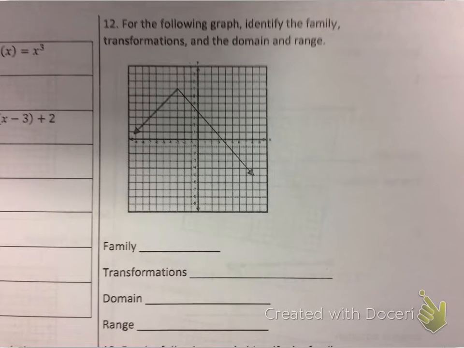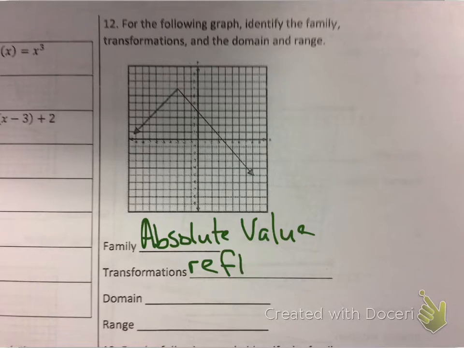Number 12. What family does this belong to? That's the absolute value. Transformations: you have a reflection. Here I'm just asking you to identify the transformations. Then you had to go left, so you can put left 3, and then up 7.